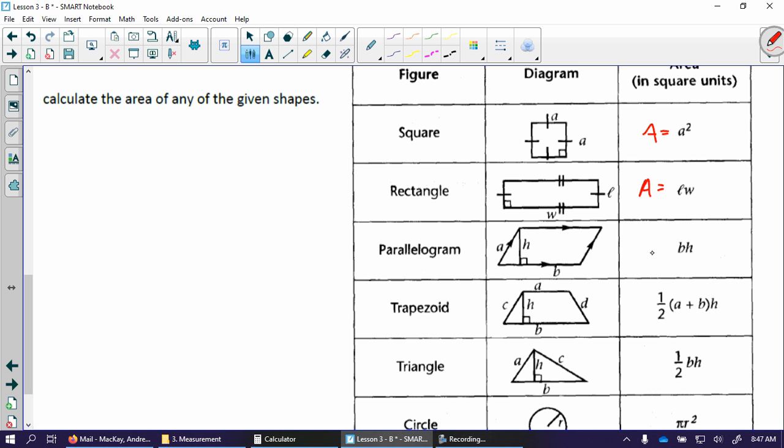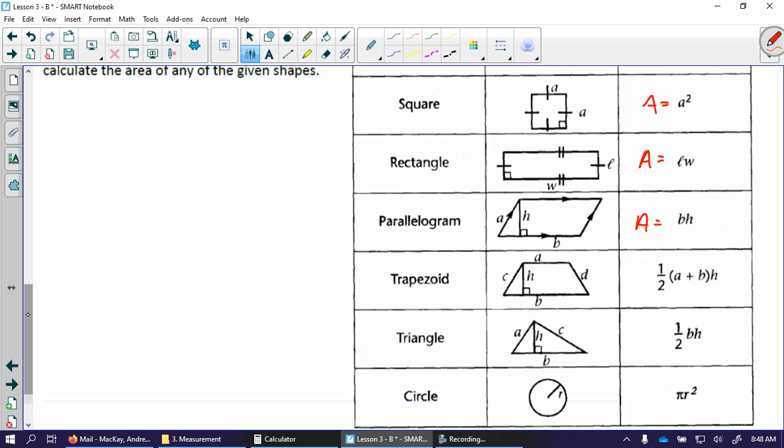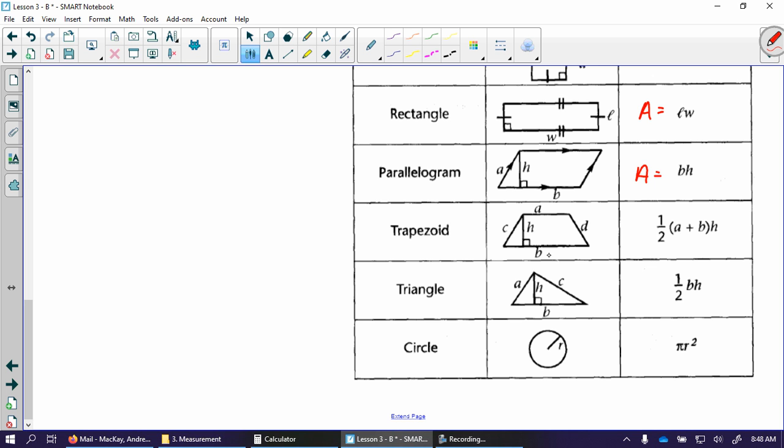A parallelogram, which is a shifted rectangle, area is base times height. A trapezoid, which has these two slanted parts, we have the top length and the bottom length, so we add those two up, multiply by a half, and then multiply by the height. Triangle is a half the base times the height.